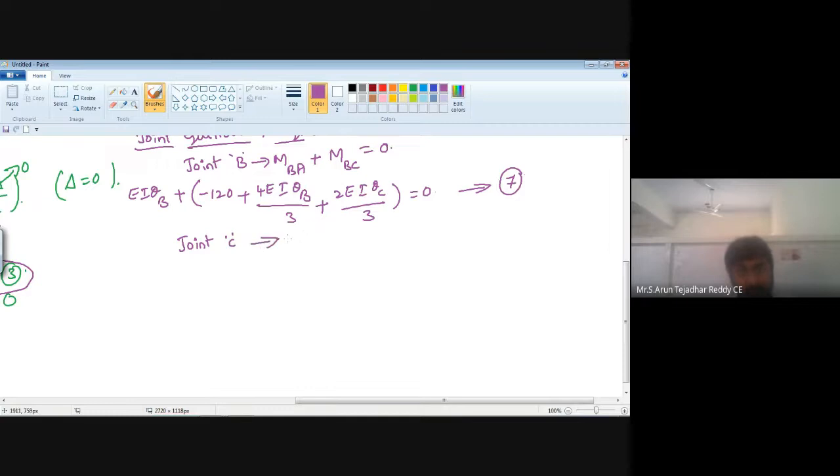Next, I will consider joint C. In joint C, I have two members: MCB plus MCD is equal to 0.